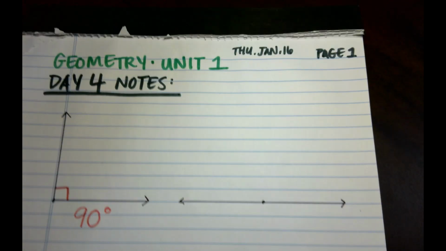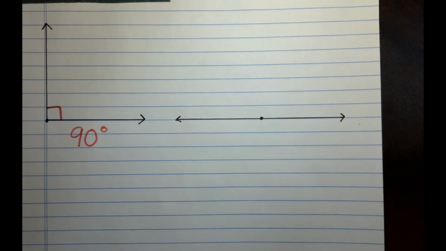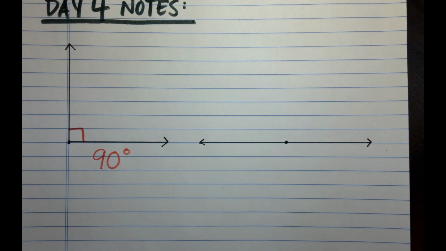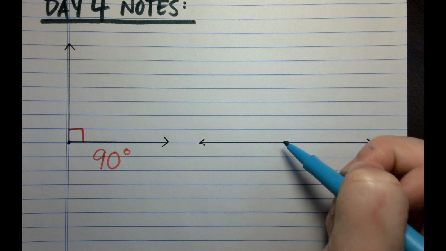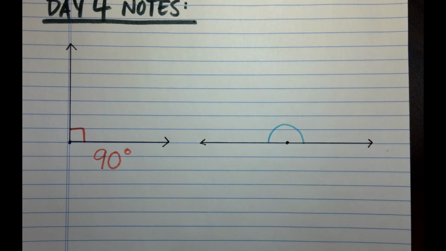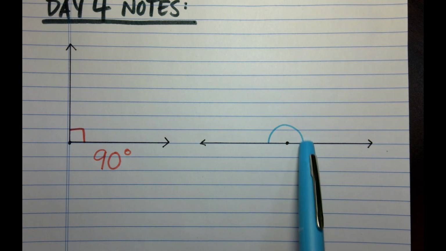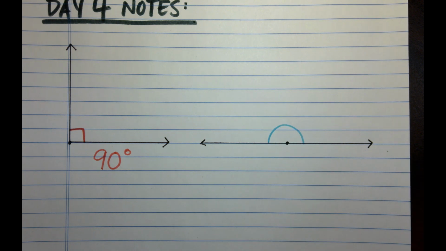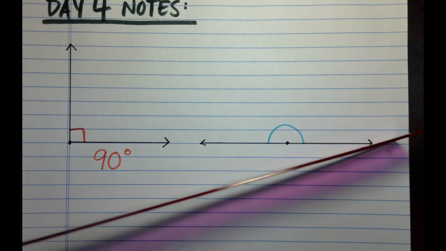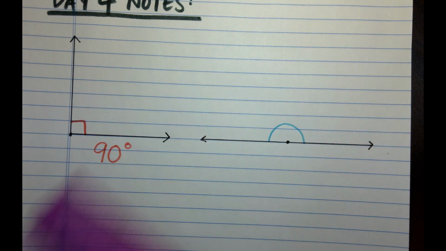We've got a straight line with a vertex in the middle. And I'm going to draw a little arc inside of it to show how the angle is opening, meaning that originally maybe it was closed and then it opens all the way open like that.